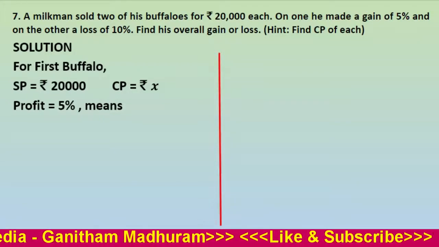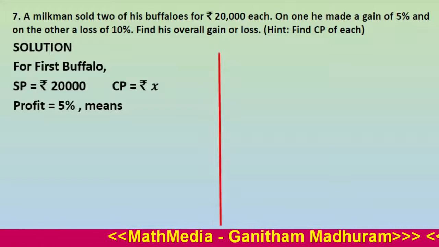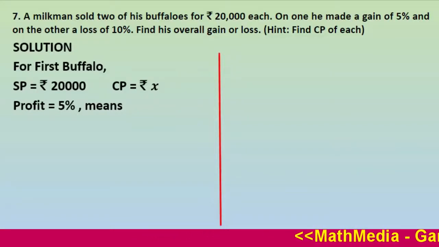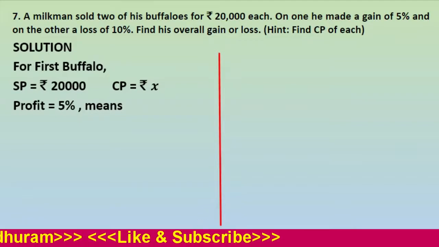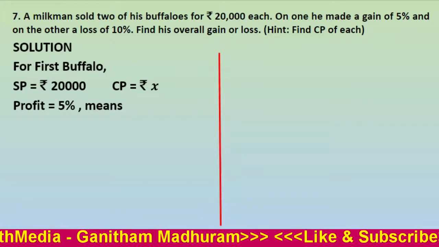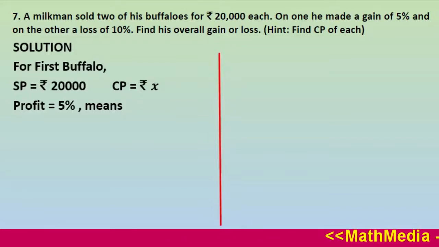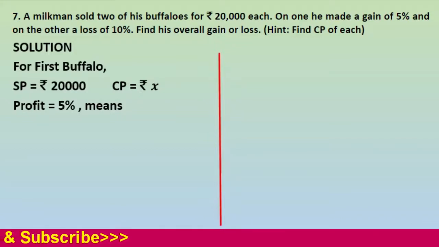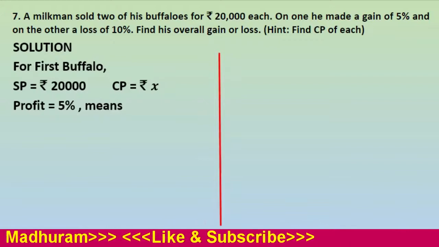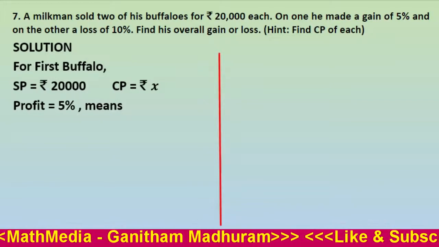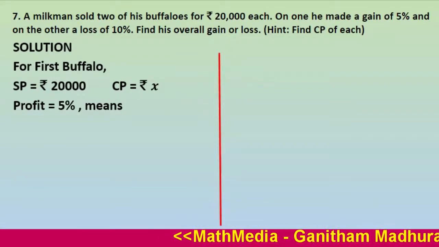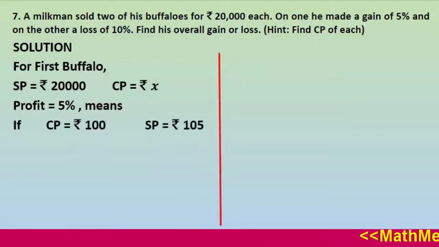Profit 5% means for any object, if we are buying for 100 rupees, we get a profit of 5 rupees. So if we are buying a thing for 200 rupees, we make a profit of 10 rupees, like that. So if CP is rupees 100, our SP will be rupees 105.